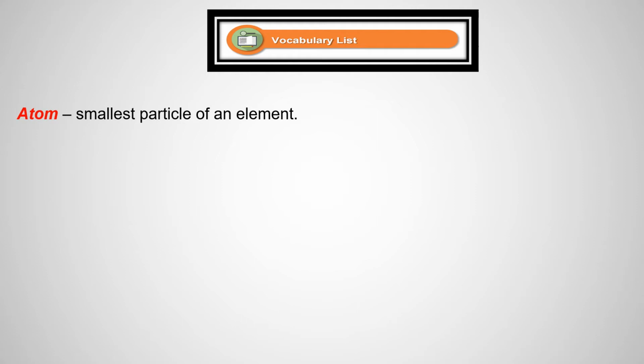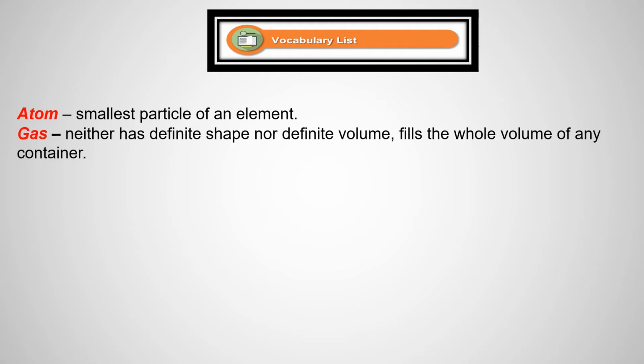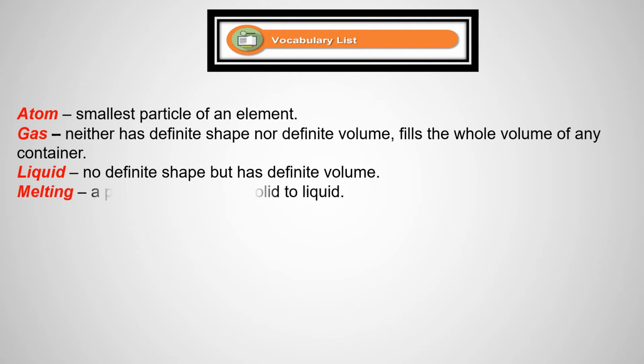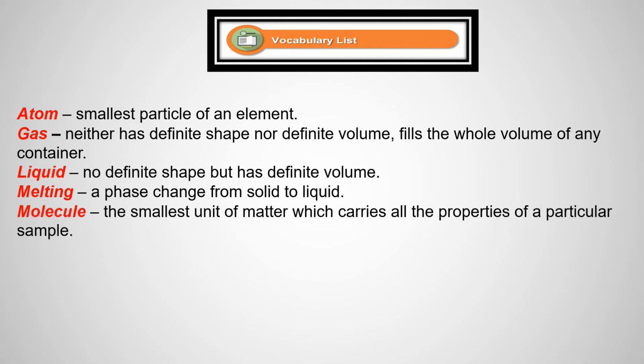Atom is the smallest particle of an element. Gas neither has definite shape nor definite volume. It fills the whole volume of any container. Liquid has no definite shape but has definite volume. Melting is a phase change from solid to liquid.